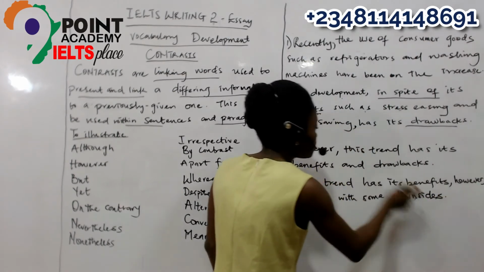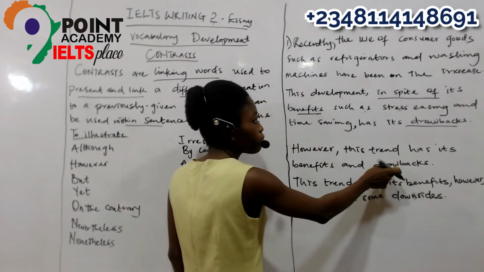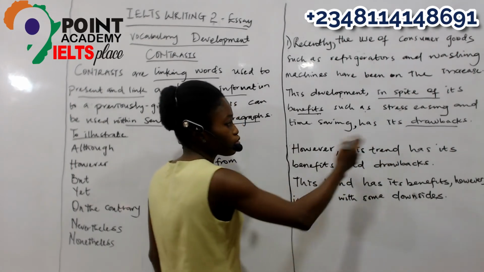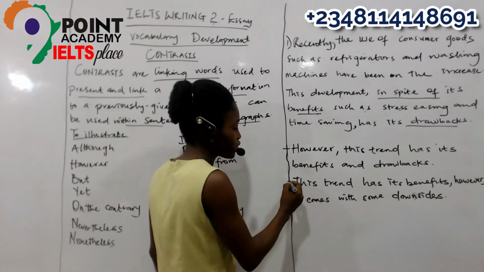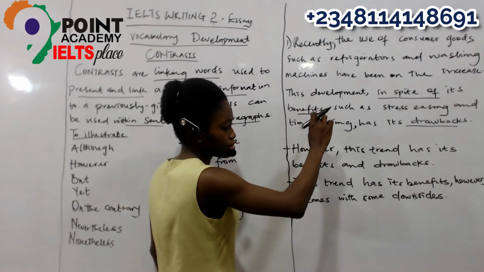Now, the downside there is a synonym of drawback, which is a synonym of disadvantages. Now, these are different ways you can rewrite this sentence.